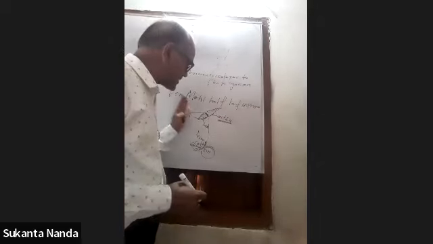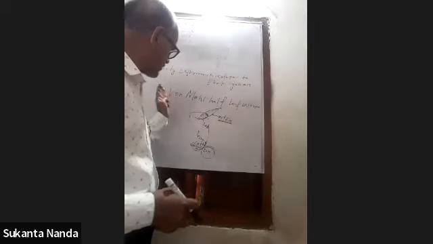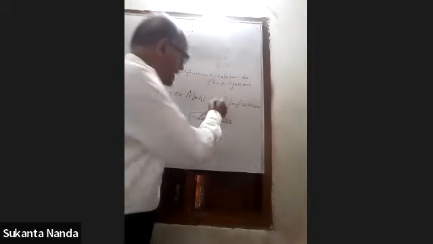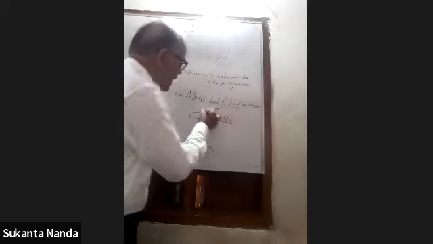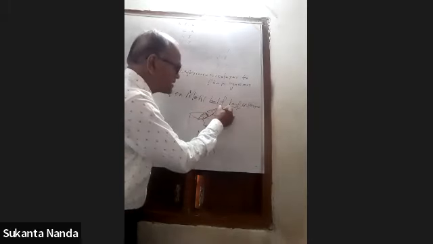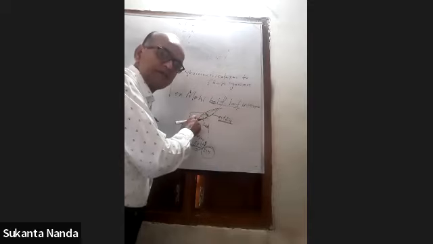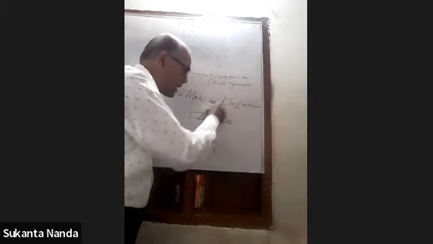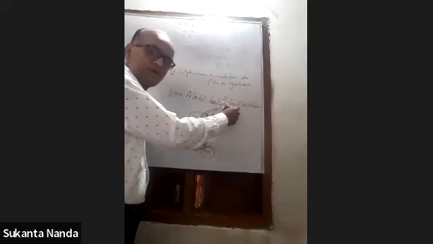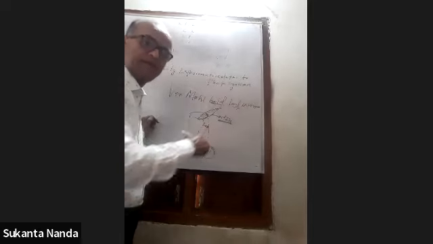So this is the basic difference in von Mohl's half leaf experiment. Half inside, half outside. The half inside is not doing photosynthesis, but the part outside is doing photosynthesis.